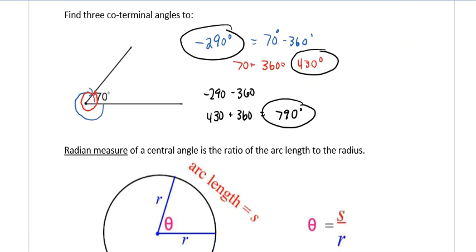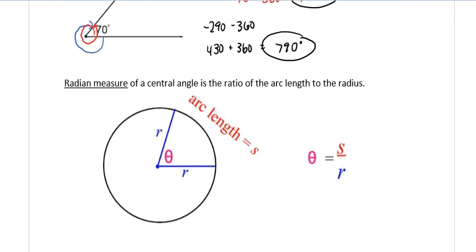Okay. So radian measure of an angle is the ratio of the arc length to the radius. This is my arc length, which is going to be my top, and my radius is down here, my denominator.